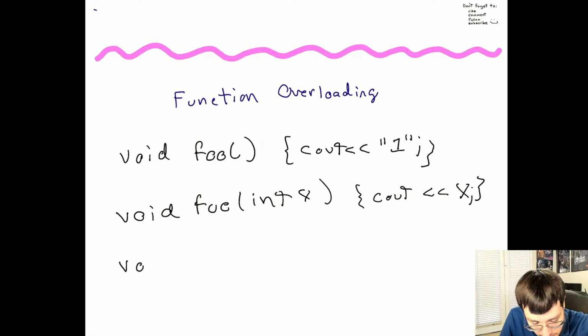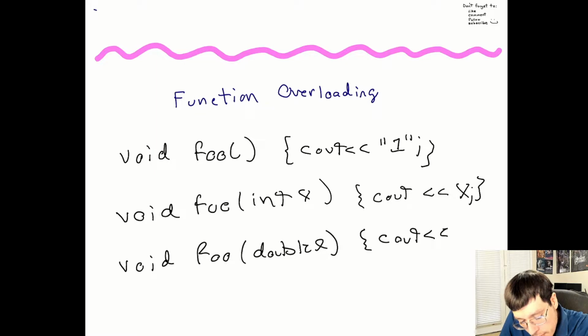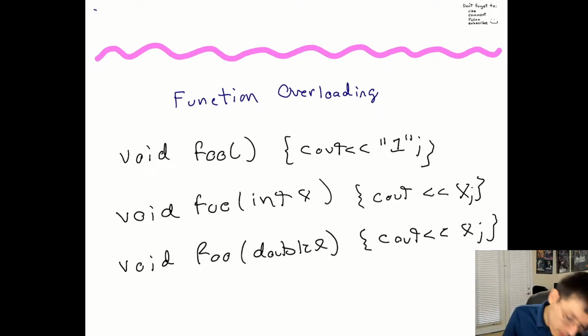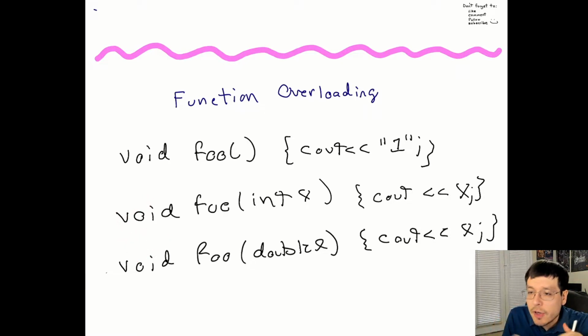If I make a third function that takes a double instead, then depending on what I'm calling the function with, it's going to decide. If I call it with a double, it's going to call this code. If I call it with a float, it's going to have to figure out between them. This comes down to figuring out which function to call based on the parameters, and sometimes it can be ambiguous.